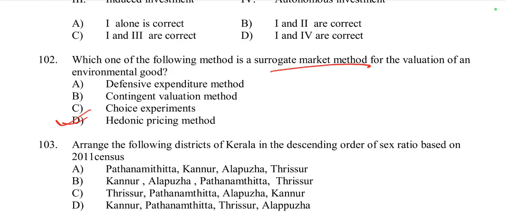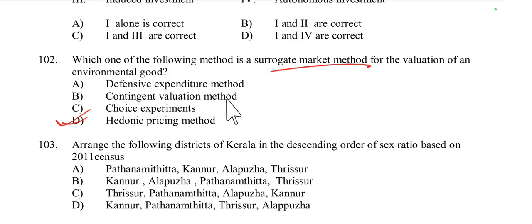This method derives the value of an environmental attribute by examining variations in prices of goods that are affected by those attributes.